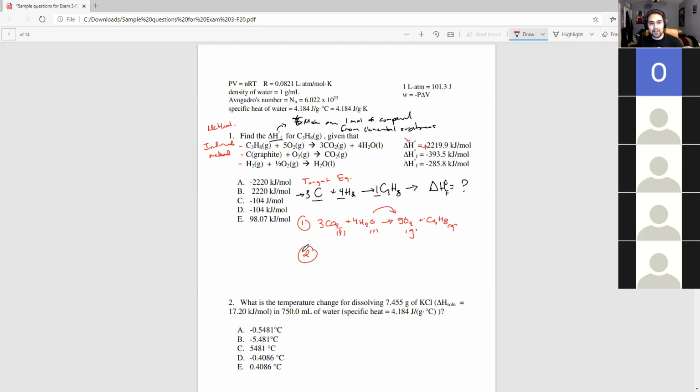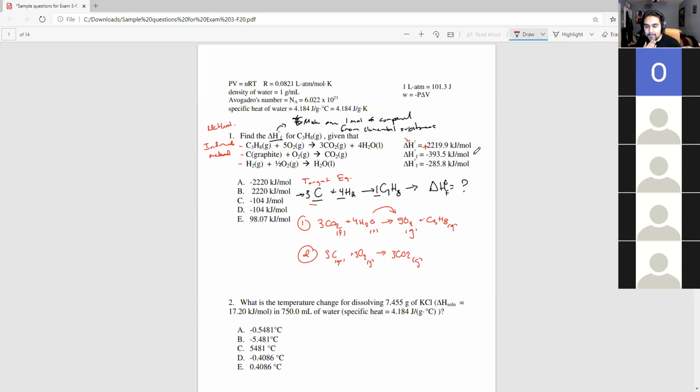So our second equation, what do I have to do? Multiply it times 3. So I have 3 graphite plus 3O2. We're looking at carbon here, so it would be 3, yielding 3CO2 gas. And what do I do to my enthalpy?